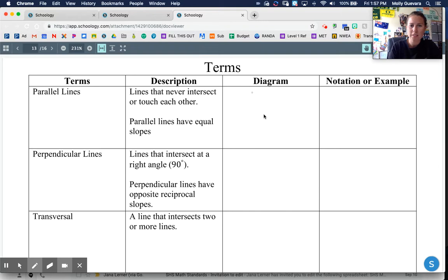So hopefully this is a review, but parallel lines are lines that never intersect or touch each other, okay? And then this is really important. They have equal slopes, so they have the same slope. So a diagram here, if I have a line, so there's my beautiful line, super straight.